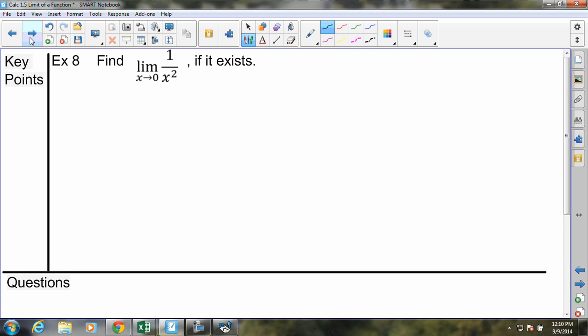So, find this one. Limit as x approaches 0 of 1 over x squared. I will note, we could do the same piece that we did before. We could type this into the calculator, but I'd prefer to think of it a slightly different way. If we are taking numbers that are just slightly bigger than 0, like 0.01, what happens to this when you're plugging in 0.01?